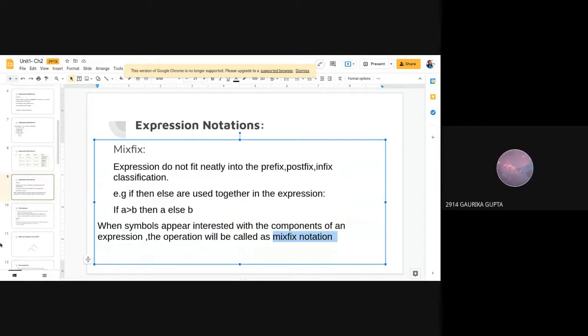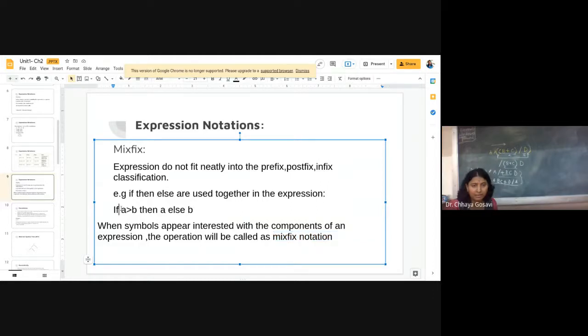Ma'am, so in mixed fix, there won't be brackets. Yeah, there can be brackets. Okay. Like you can write this expression in a bracket. This A can be a block of statements. Like in C language, we have if. So note that if, then this block, else, and then this block. So what is this block? Block is operation or operand.